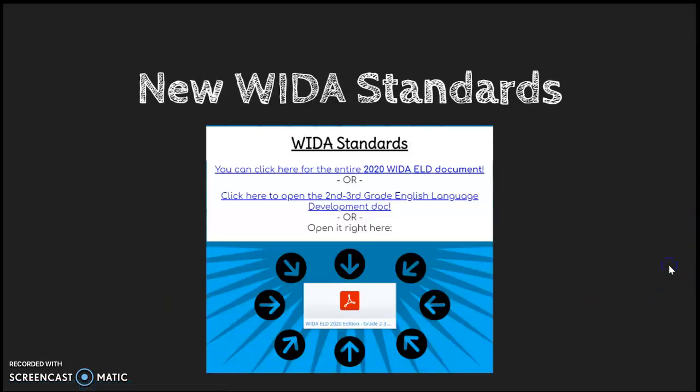Boom. Also, this is also on the Book Creator book that's linked on your planning document. This is already there. Our new WIDA standards. You can click on this link to read the whole big, humongous book of them, or you can click on this link to see the 2nd and 3rd grade standards, just because that's all we're focusing on.